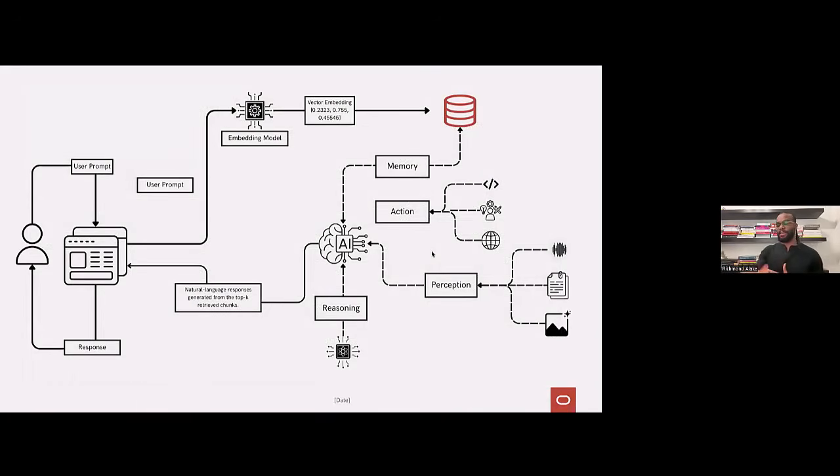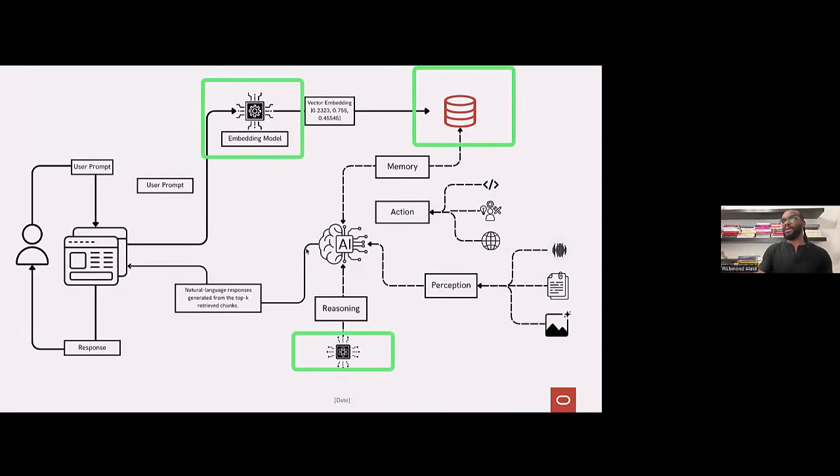The key thing is I want you to understand the part of your system that is most concerned with memory. Remember this diagram we had at the beginning. Whenever I'm talking to AI developers, the part that you probably want to be concentrating on when it comes to memory is your embedding model, your database, and your LLM as well.